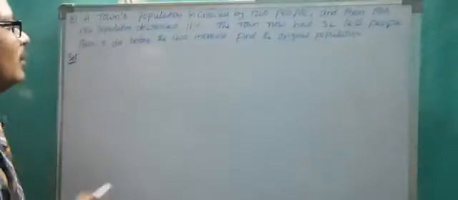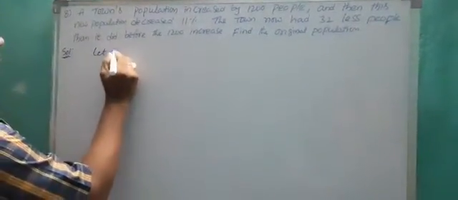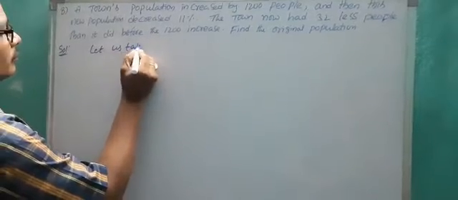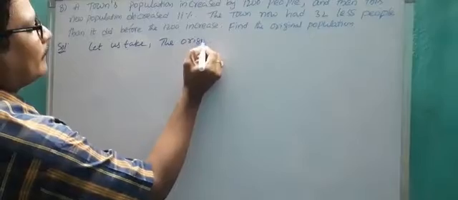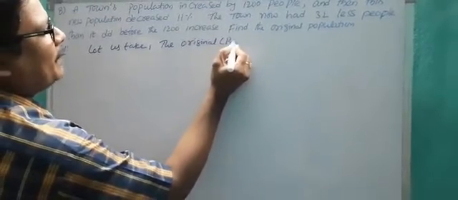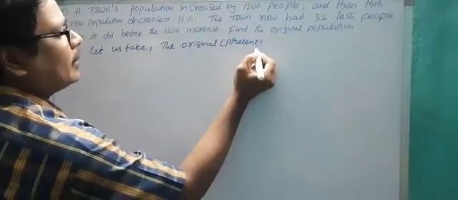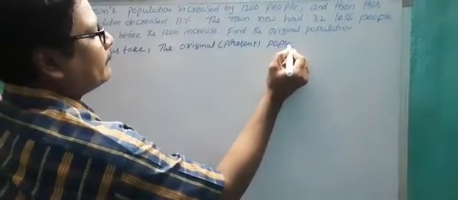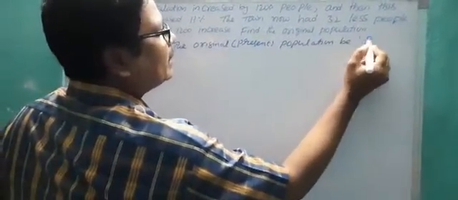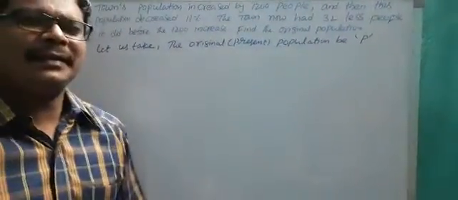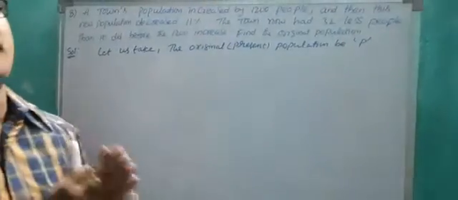Okay, so let us take the original, that means present, population as P. Let us take the population P, that is the present or original population.